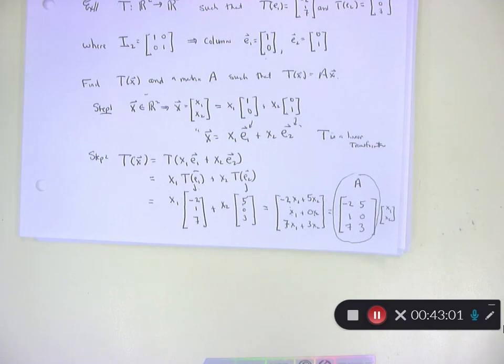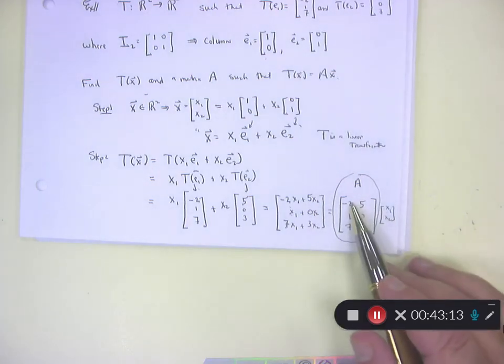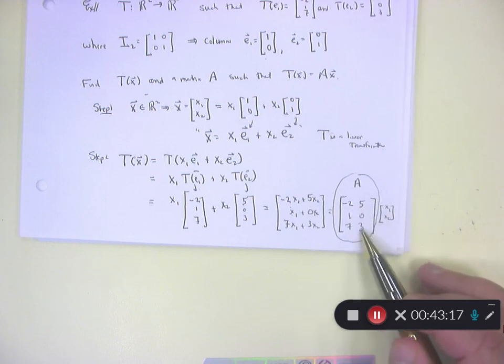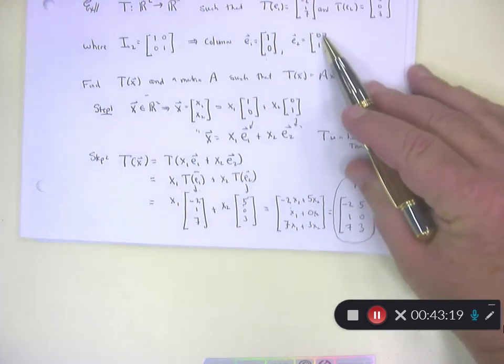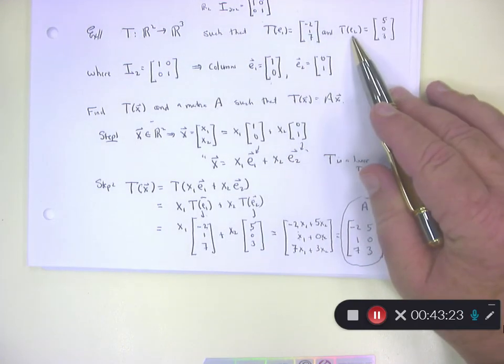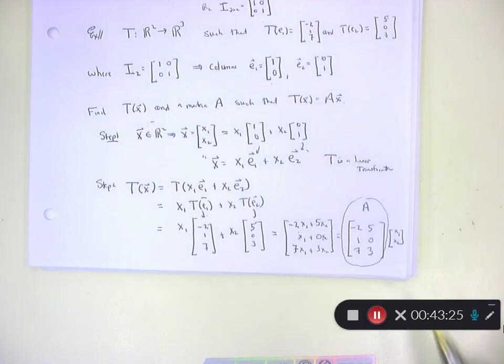Now, I made something actually quite trivial, difficult, because I was trying to show you something. It's the pattern here. Have you seen these guys before? -2, 1, 7, 5, 0, 3? Well, that was T of e1, -2, 1, 7, and T of e2, 5, 0, 3.